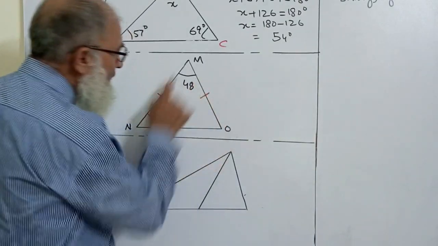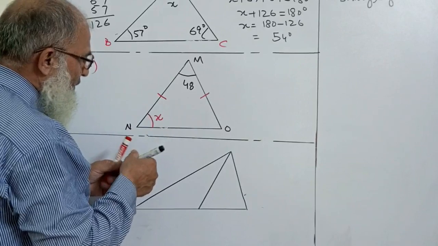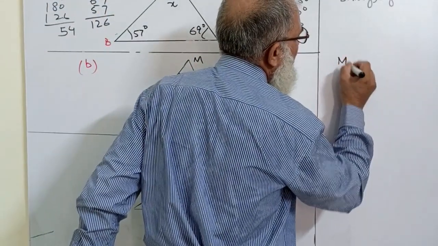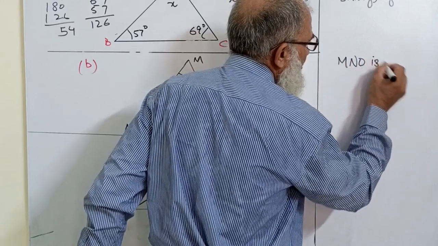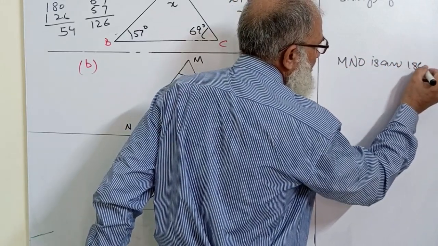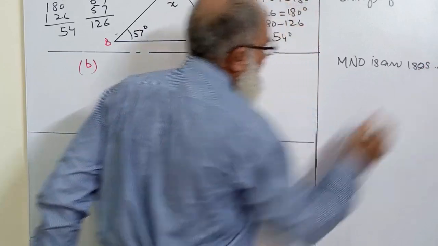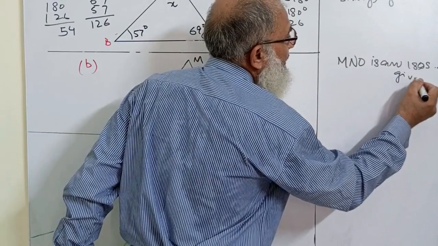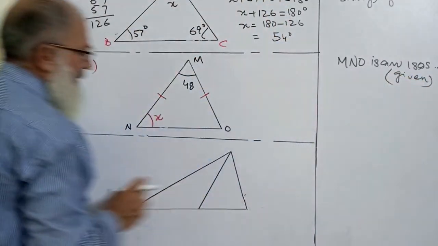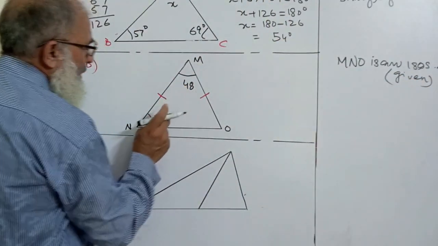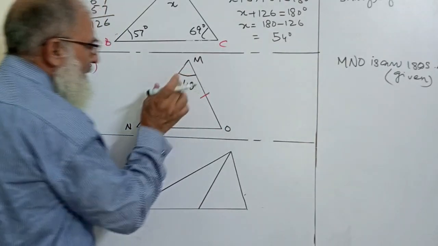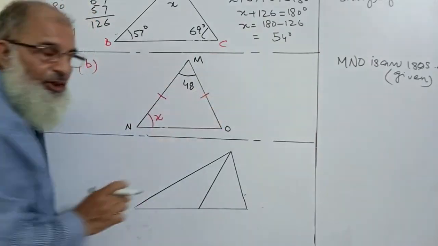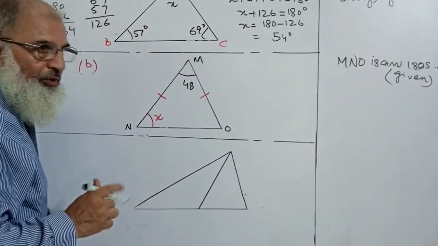Now what is given is that triangle MNO is an isosceles triangle. You can write it, it is given. When it is given, that means the two sides are equal and the two base angles are also equal.